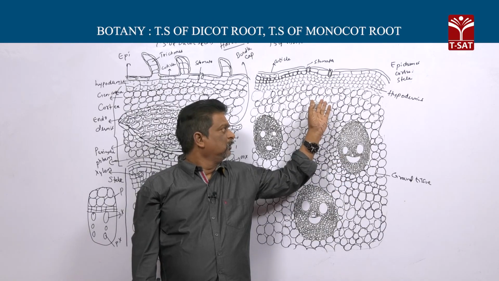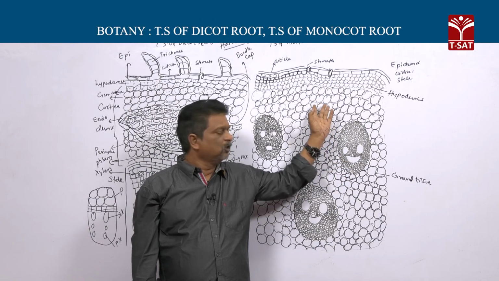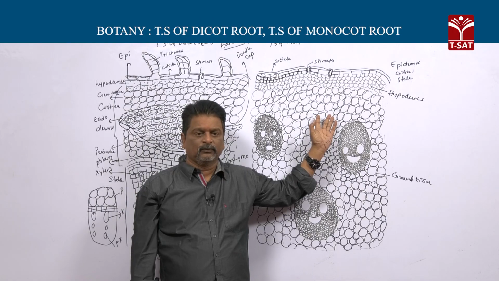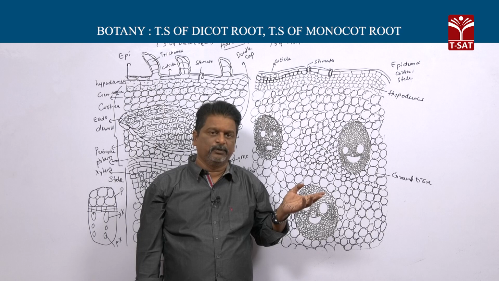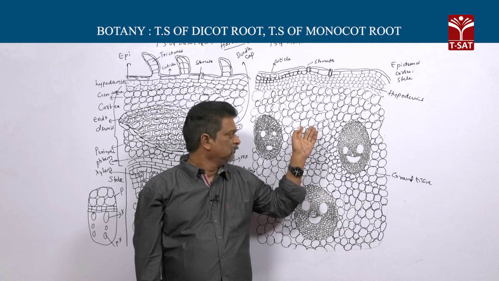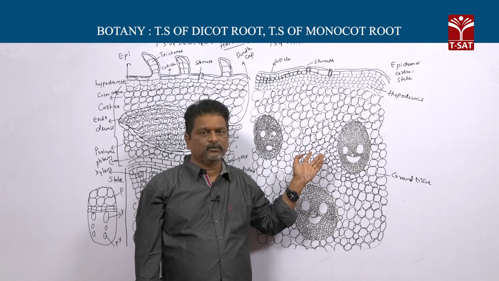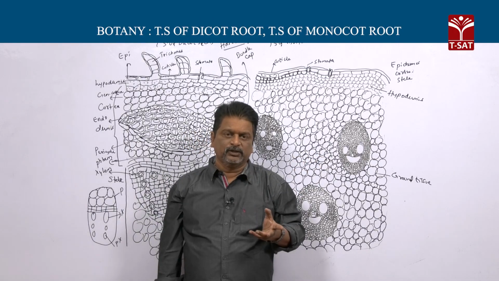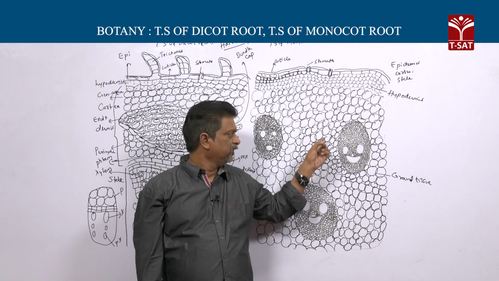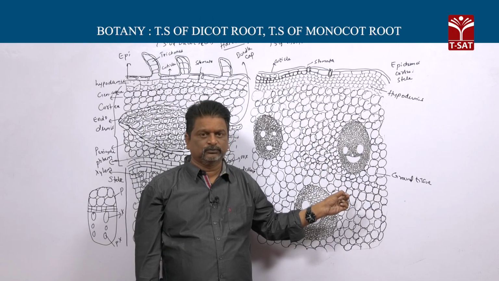Then, the outer cells. These outer cells are larger, and outer cells contain chloroplast. So, help in photosynthesis. Inner cells are smaller. They contain leucoplast. So, they help in storage.